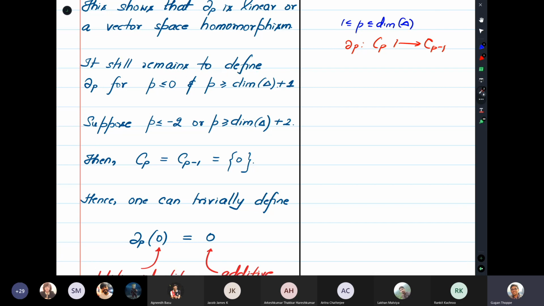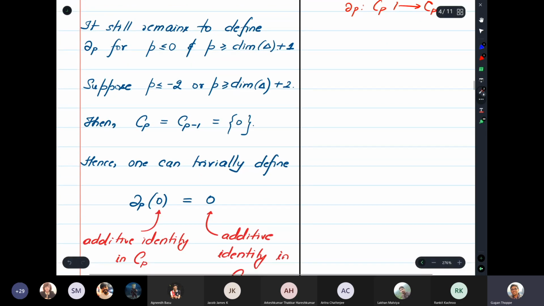Let us focus first on the case where p is less than or equal to -2. We are not focusing on the case where p is 0 or p is -1 for the time being. The reason is that in the usual or the reduced homology, the definition of C_{-1} is different, so let's tackle that separately.